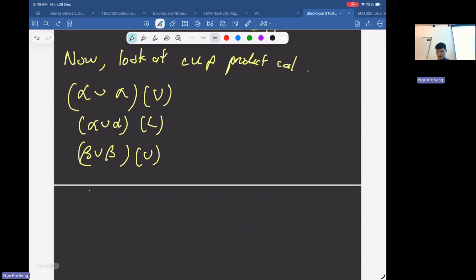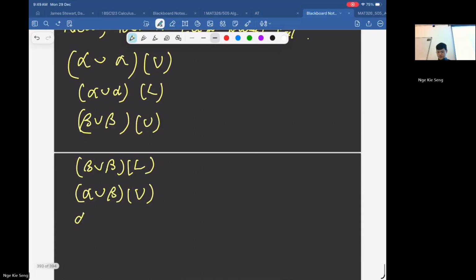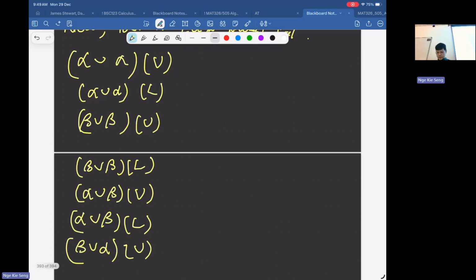Beta cup beta on L, alpha cup beta on U, alpha cup beta on L, beta cup alpha on U, and then beta cup alpha on L.